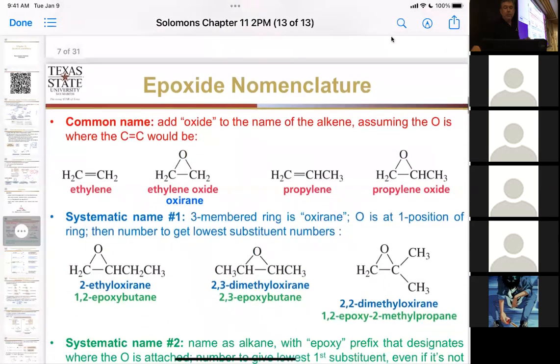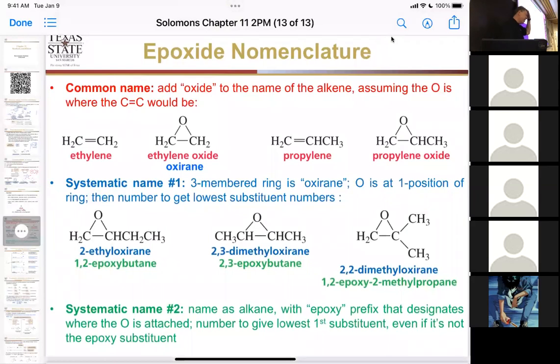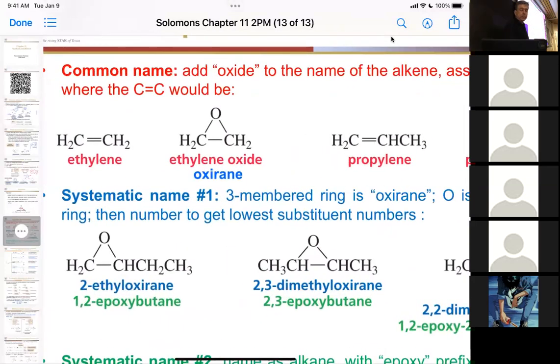Okay, so let's talk about our epoxide nomenclature. We actually have technically 3 naming systems for these because they're used industrially so much. They come from what you've made them from. So in the case of ethylene, if you oxidize ethylene using the right chemical, we're going to end up with ethylene oxide, or also oxirane. Okay.